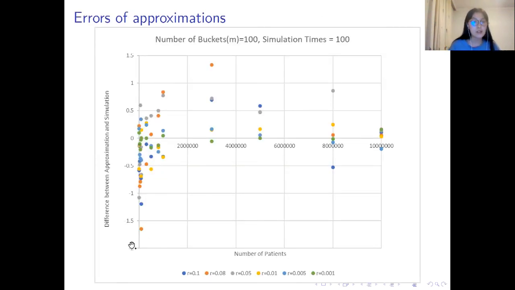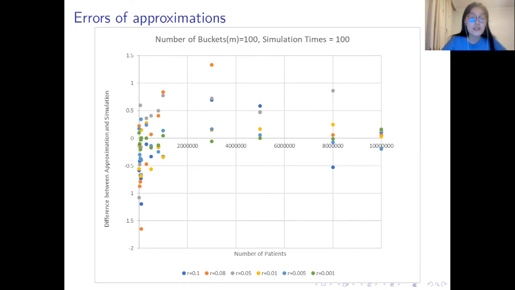In this picture, it shows the difference between approximations and simulations. Approximations are computed based on the trust table. In this case, we cannot use the theoretical formula to compute the real expected value, so I use simulations to estimate this real expected number.